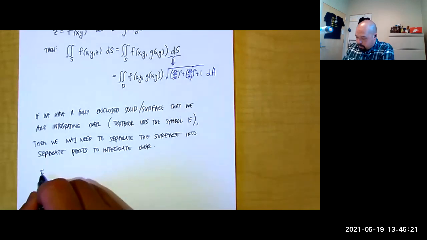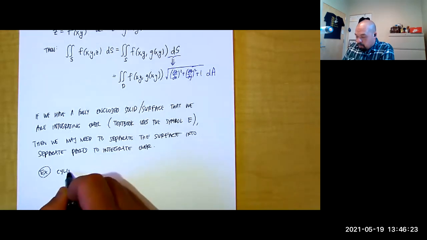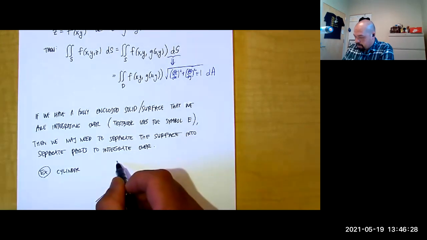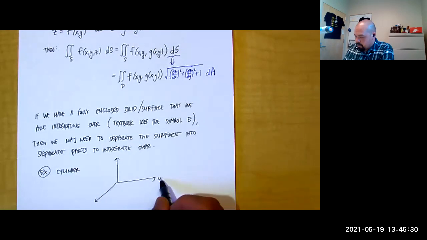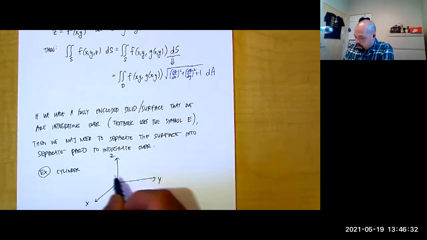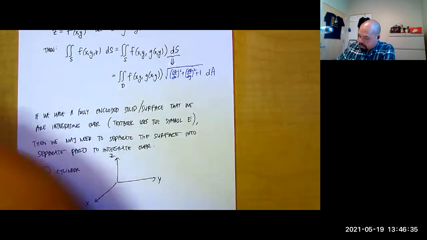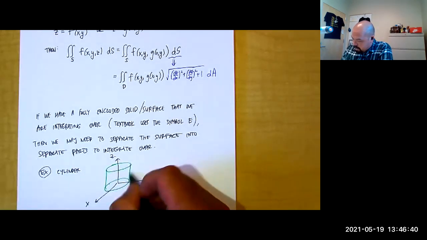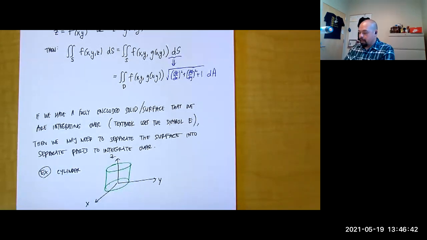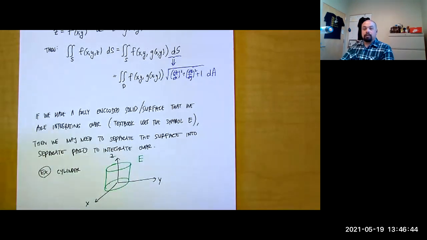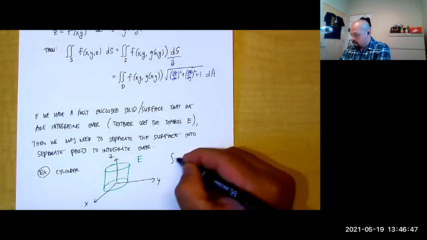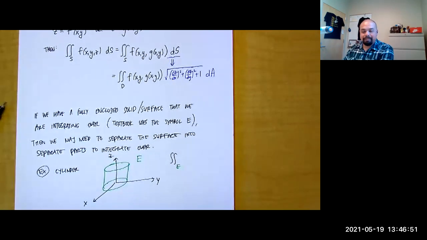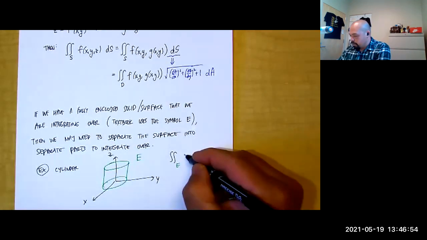So for this example, what if we think about we want to integrate over a cylinder? If we have this cylinder that we want to integrate over, there's my closed surface S, or E, pardon me, over which I want to integrate.